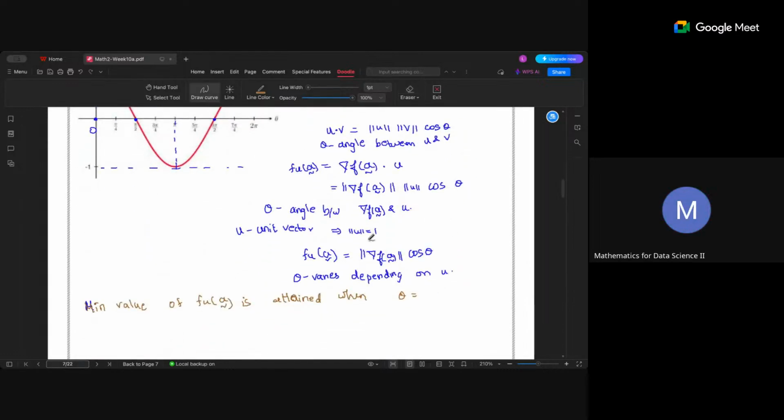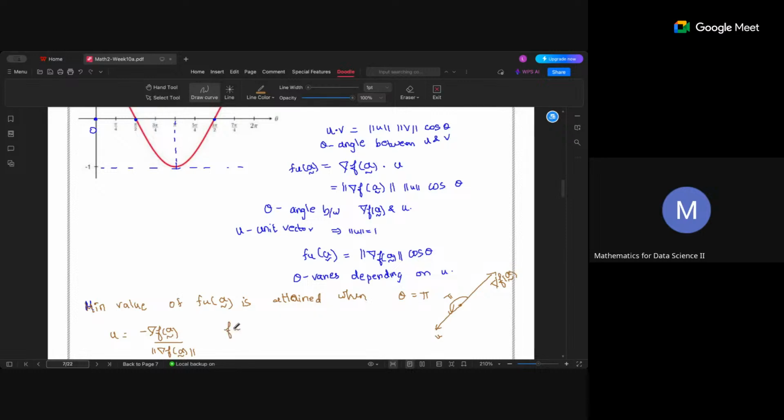If it is pi, then cos theta is minus 1. Both are in opposite directions. If this is the direction of your gradient vector at a tilde, then your u is going to be in the opposite direction, 180 degrees. So u is equal to minus del f at a tilde by norm of del f at a tilde.